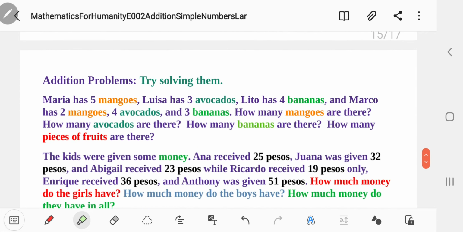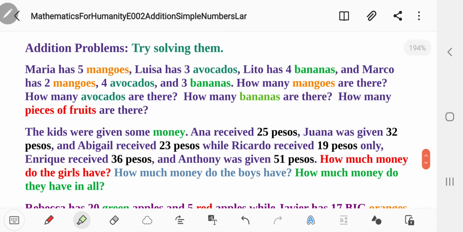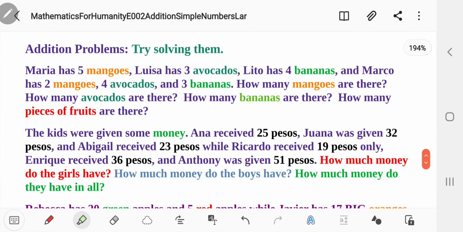Now, finally, we've come to the part where you are going to solve problems that are expressed in words, not symbols. Here, we try to read the first problem.